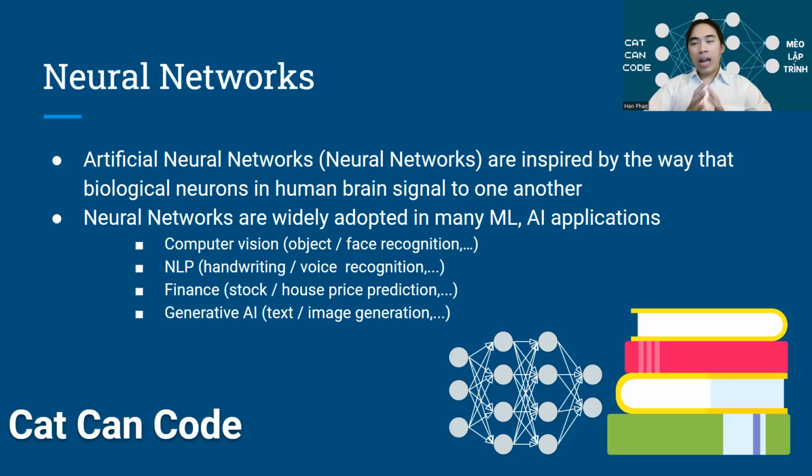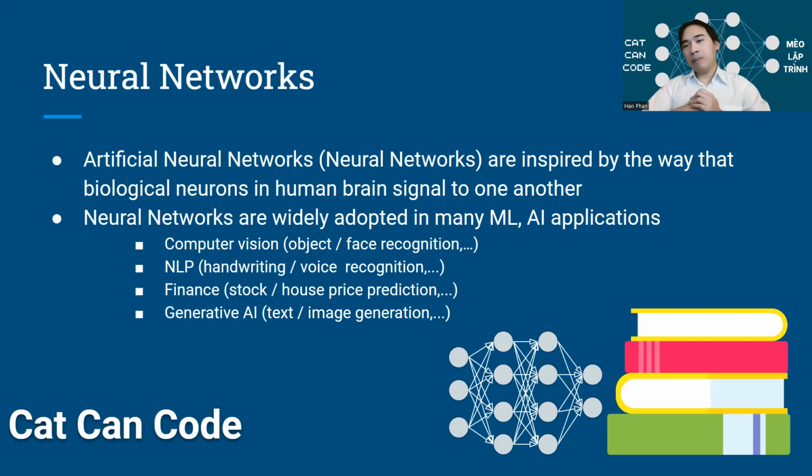Neural networks are widely adopted in many machine learning and AI applications. For example, computer vision, object and face recognition, natural language processing (NLP), handwriting and voice recognition, finance and business, stock and house price prediction.